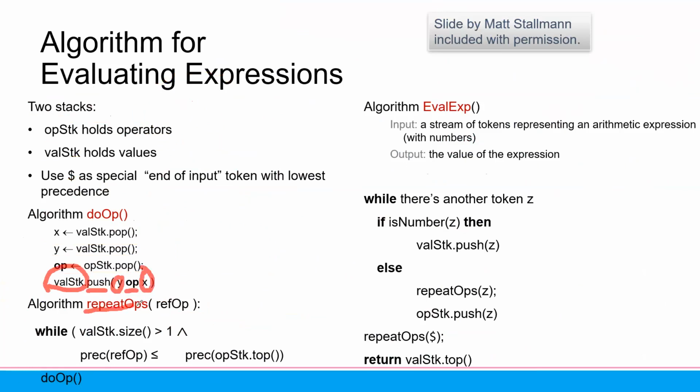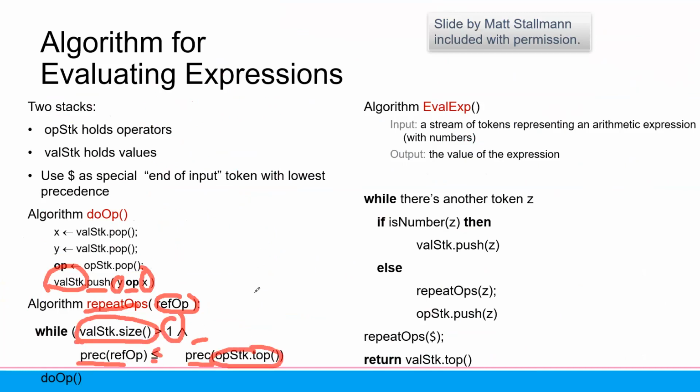We will do the repetition if we have the repeat ops. It means whenever we have the while, okay, if the value is still higher than 1 and the precedence of the op is less than or equal to the precedence of the operation on top of the stack.